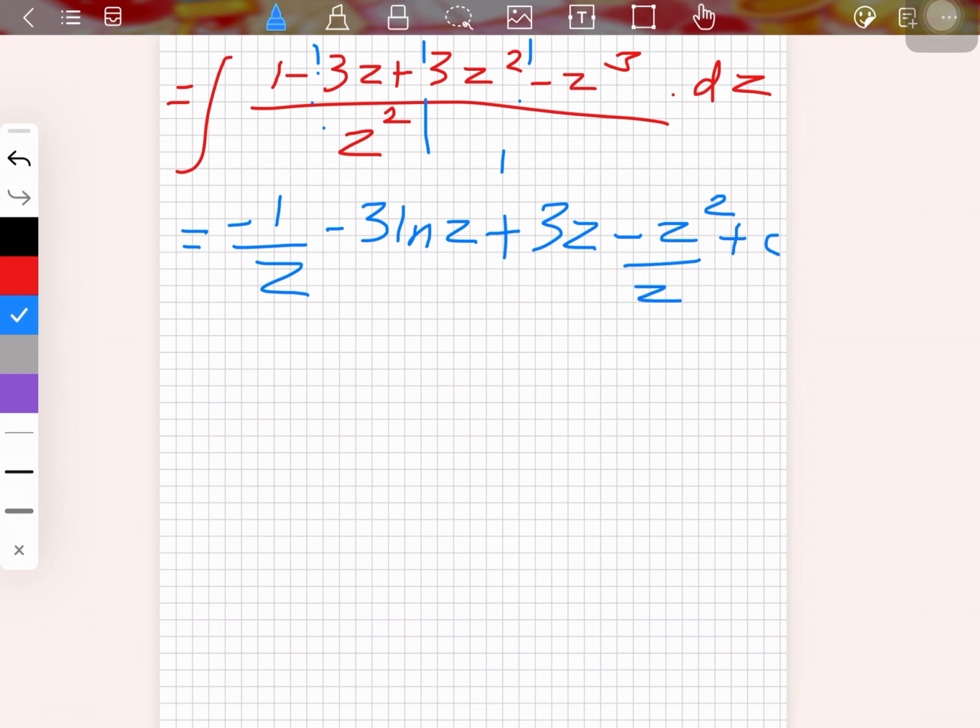So first I found the integration of 1 over z square, and then again 3z over z square. That would be 3 integration 1 over z, and so on. So that's what I've done here.